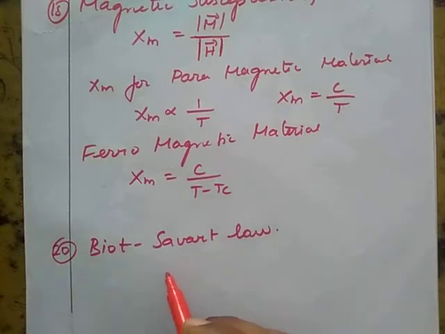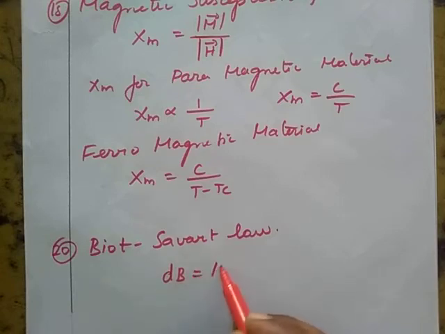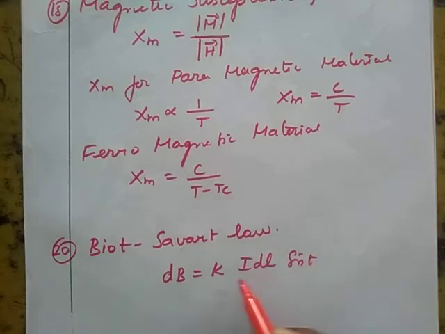That is dB is equal to k I dl sin theta by r square. Here dB is the magnetic field due to a current element that is placed at a distance of r. At that point the magnetic field is dB.